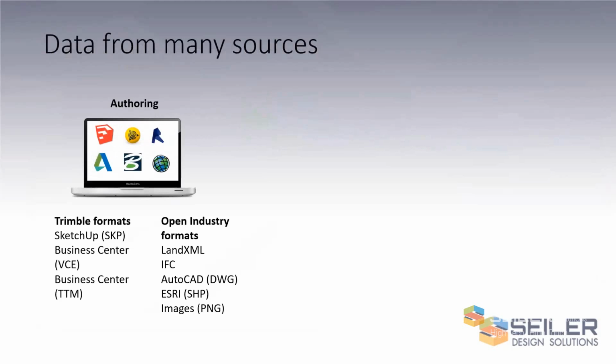Okay, it brings in data from many sources: Trimble SketchUp, Trimble Business Center, Trimble Business Center VCE or TTM files. There's actually a new exporter built right in. So if you're using Trimble Business Center and you want to get your data to SiteVision, there's a direct exporter out for SiteVision AR. We'd also bring in Autodesk products directly, DWG format, and formats from Esri products as well.